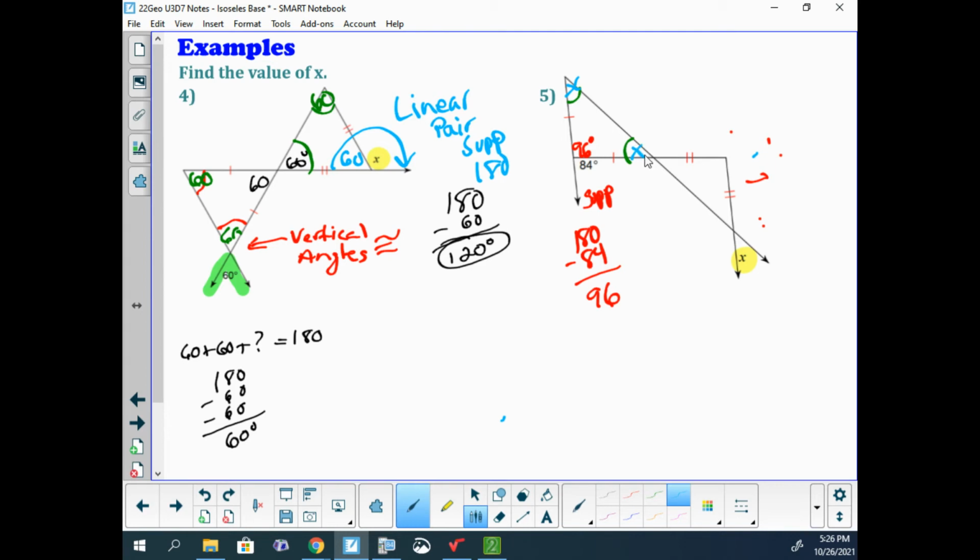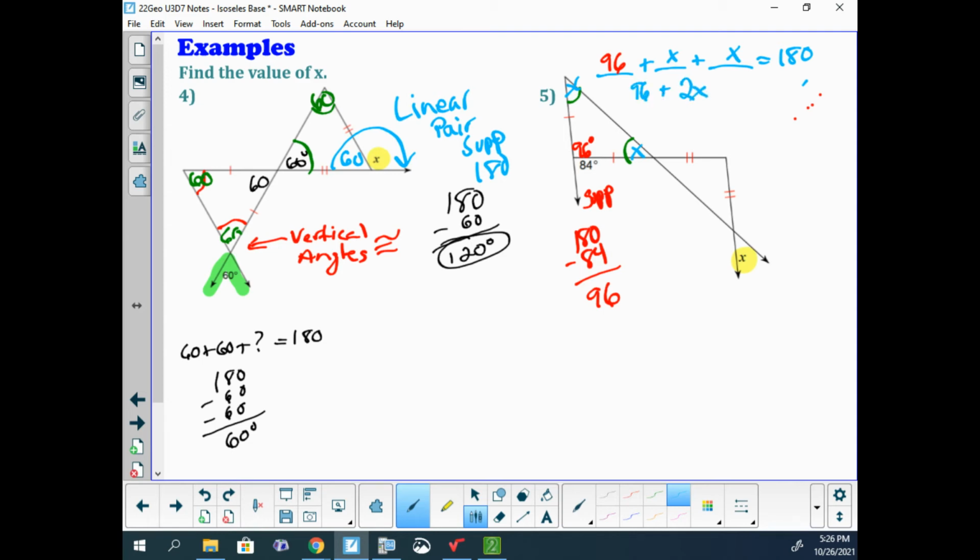So to find those x's, there are 3 angles in a triangle. They all add up to 180. So I'm just doing this setup so we can kind of visualize what's what, knowing that we need 3 angles to do this. One of them is 96. The other 2 we don't know, but they are the same thing, so they're both going to be called x. So that means we have 2 of them.